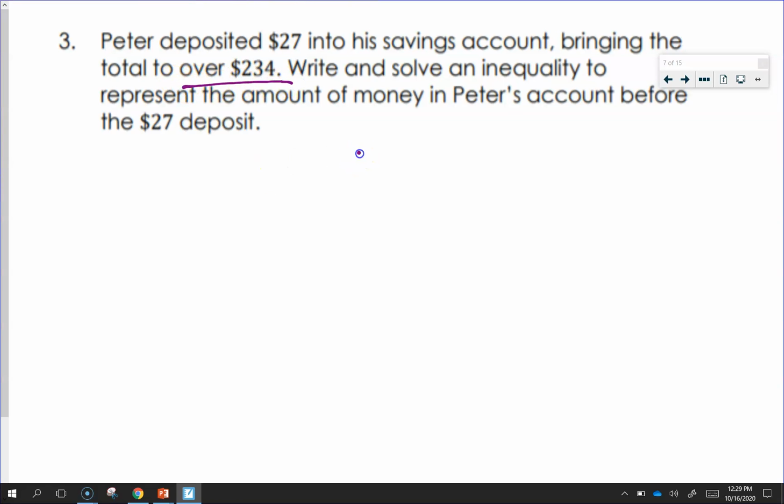So something is going to be greater than 234. Whatever they did brought it over that amount. Does that make sense? See those keywords? Over 234. Okay. To deposit money, does that mean he's putting money in or taking money out? He's putting money in. Good. To deposit means to add money. What's the word for taking money out?